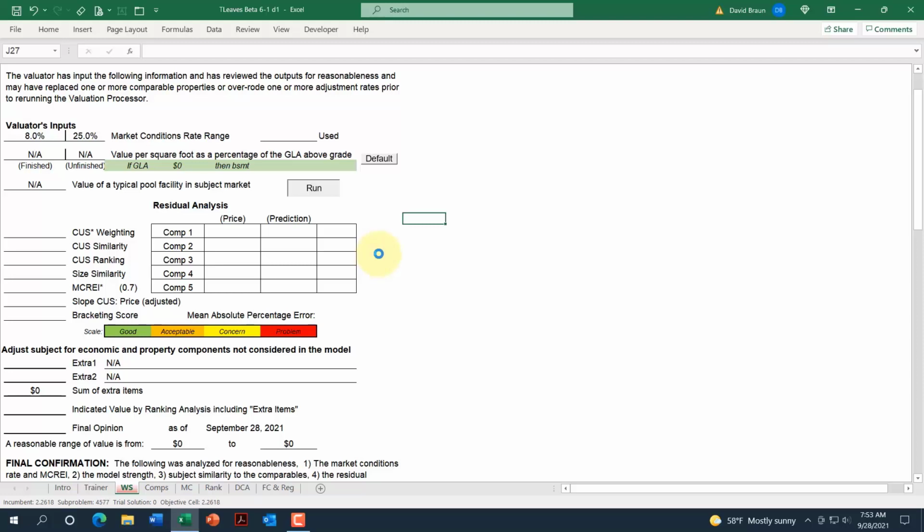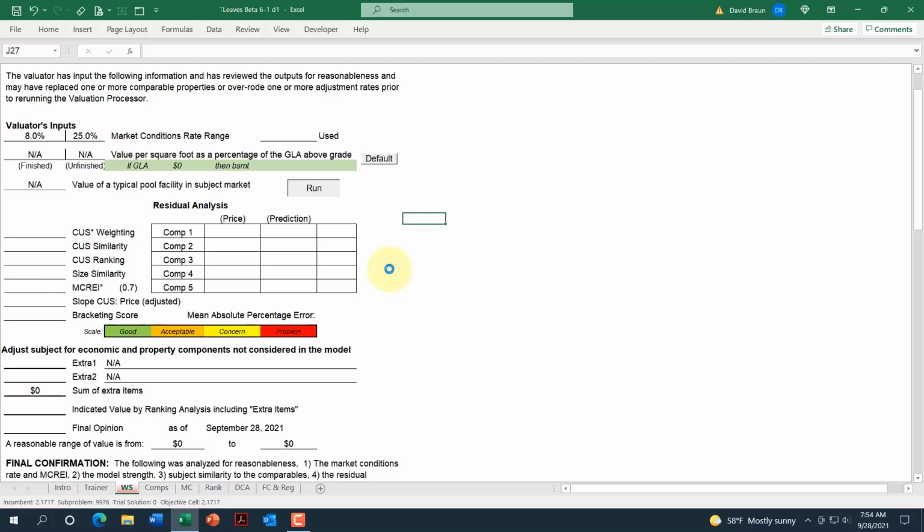It weights each variable, and then it takes that weight times the rating that you used, and it kind of does an aggregate number for it. So each comparable and the subject have their own composite utility score. So that's somewhat unique. Also, everywhere that I've studied composite utility scores and I've seen the reports they do, it's always commercial. This is designed for residential properties, single family residential properties.